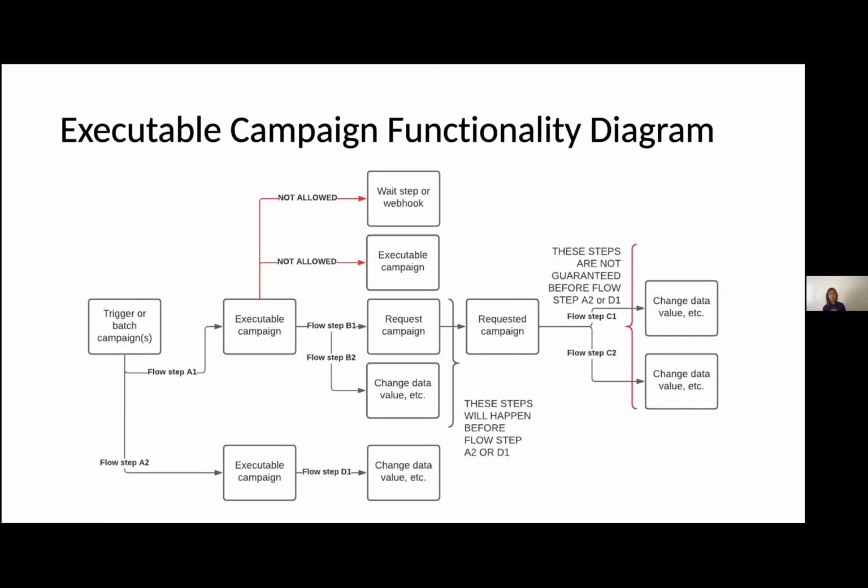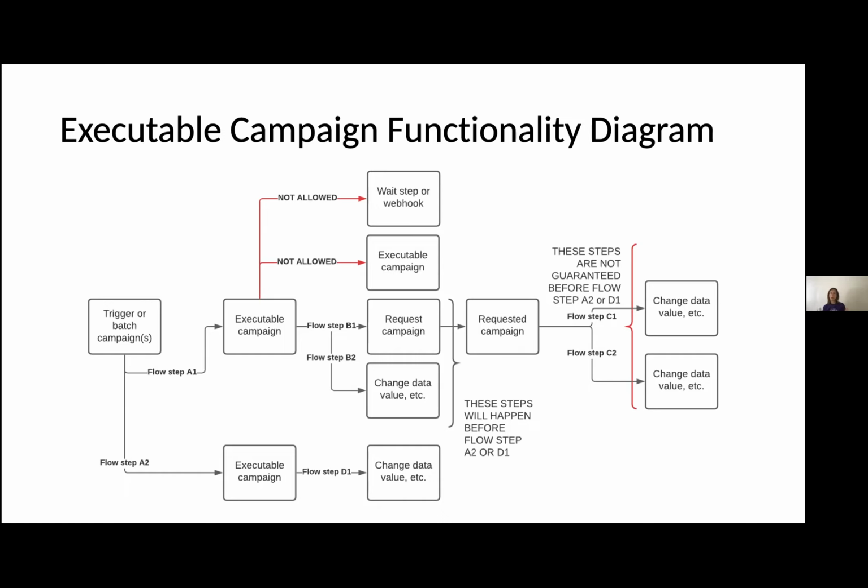But if you have more than one flow step in your executable campaign, let's say the first one is a request campaign, what it will guarantee it will do is request that campaign. But that's where it stops. That's the only thing that original campaign is going to make a note of having completed. So whatever happens in that requested campaign, if you look all the way on the right, those steps are not guaranteed to complete before the original campaign moves on.